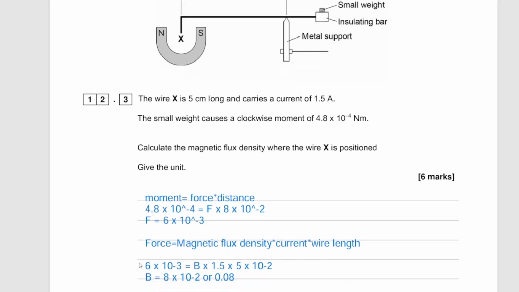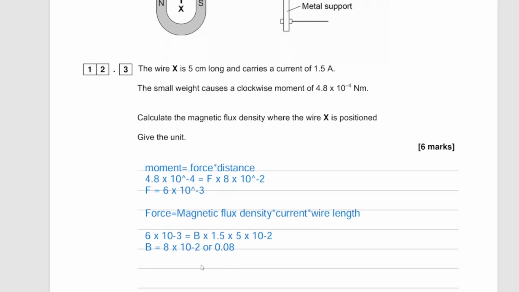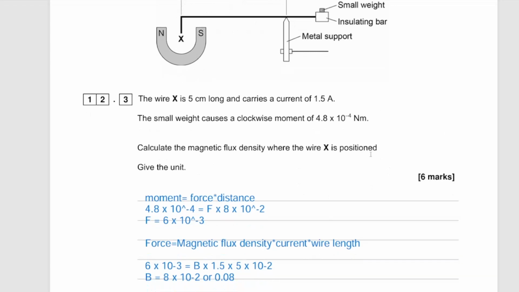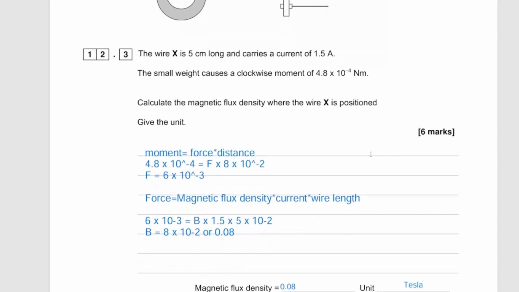And then you simply rearrange to get B equals 0.08 teslas. Now the tricky thing here is that you may get the 8 centimeters confused with the 5 centimeters. However, if you do that, you still get most marks. It is a long question, with you just needing to use a couple of formulas, do a bit of rearranging, and then finally remember what the unit is.